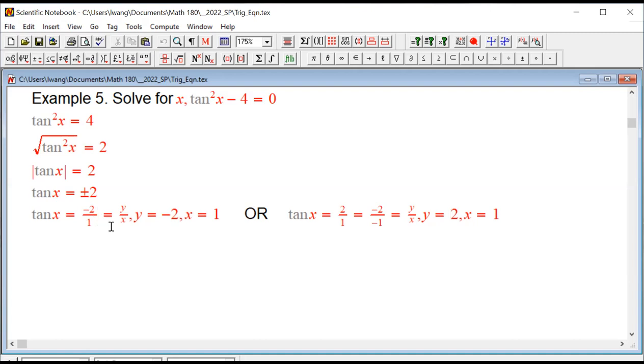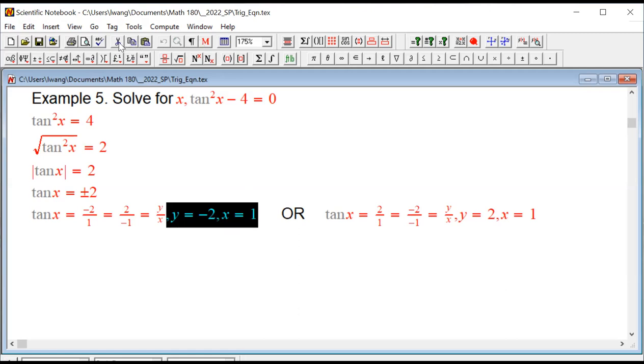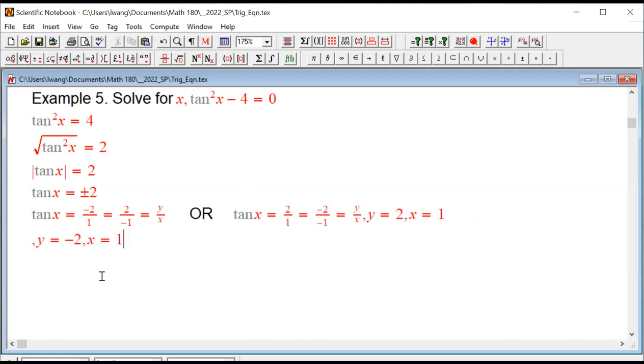For this one, it could also equal 2 over negative 1. If you look at all these possibilities, those are cases, and these ratios will make a negative 2. And these other ratios, you could have cases too.